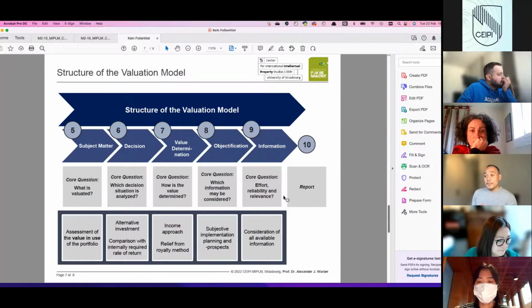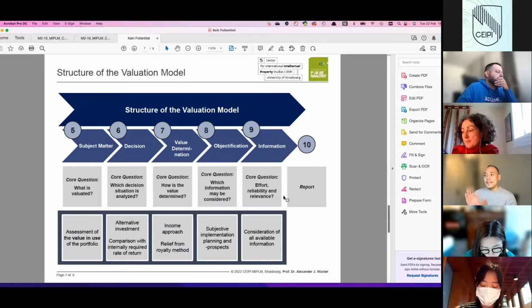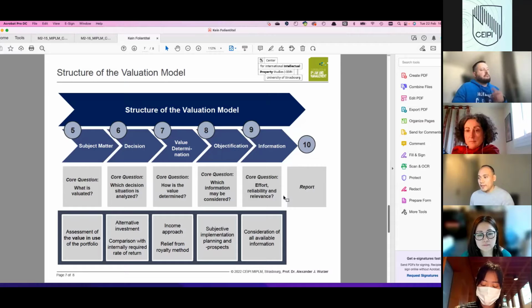This is also part of the decision that should be made. We also explained how this decision should be evaluated, and that in case a second alternative is present at hand, we need to use a model that compares this at an equivalent interest risk rate. And then the last two elements that I mentioned, objectification and information, where we are looking more for the subjective value instead of the objective value. And with this, I think we give a really broad and general summary of steps 9 and 10 of the valuation report.